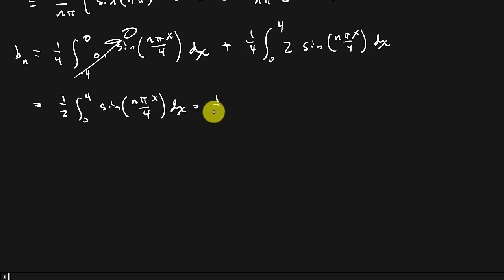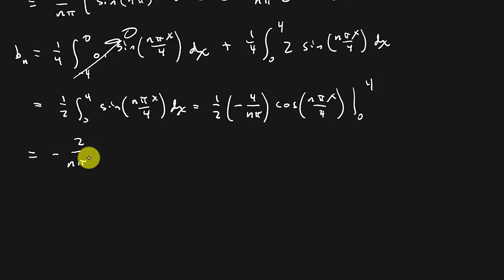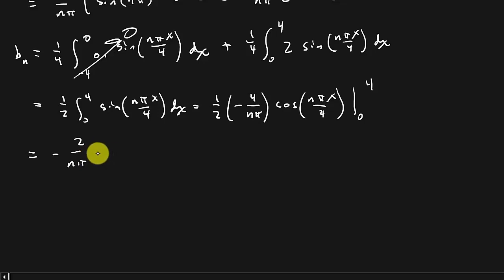Now the antiderivative of sine is negative cosine, so that's going to be negative 4 over n pi times cosine of n pi x over 4, going from 0 to 4. And so this is negative 2 over n pi.